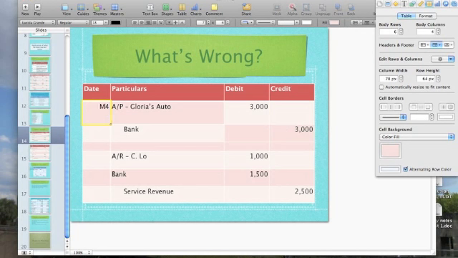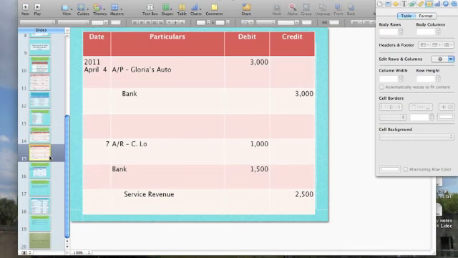There is no month, or proper year. Not only that, there's no date here. Let's say the 7th. And that's what is wrong with this journal.